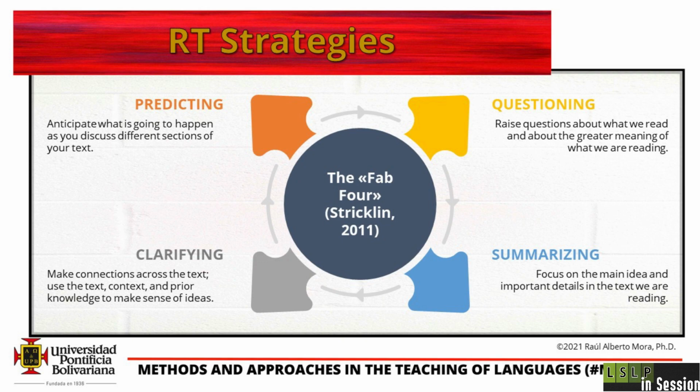There are 4 main strategies that we employ when we do reciprocal teaching. These 4 strategies come from research that people did in the 1970s and 1980s, and even the 1990s, where people started asking the question, what is it that good readers always do?